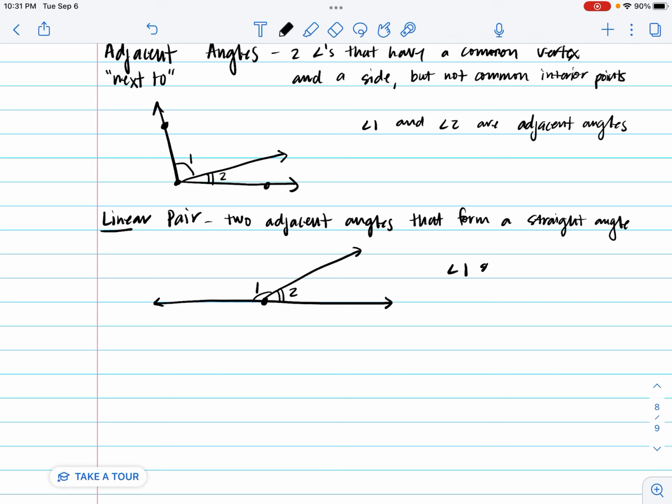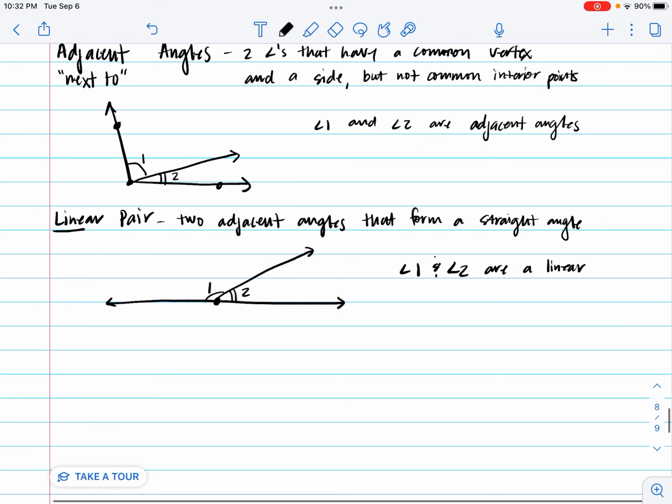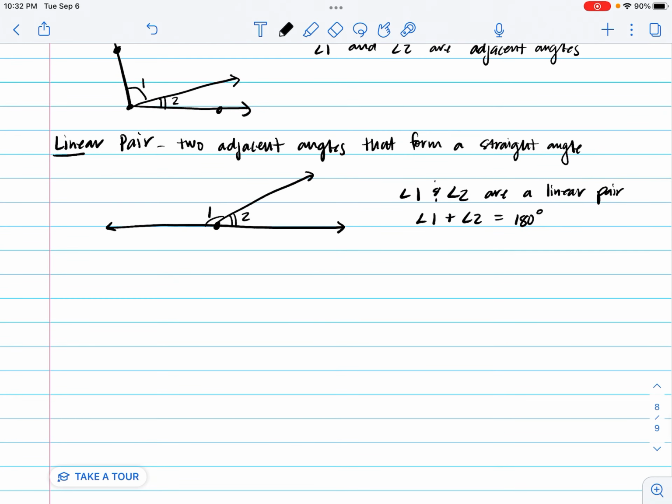Angle 1 and angle 2 are a linear pair. Also, if you think about it, angle 1 plus angle 2 should equal, since it's a line, 180 degrees. And that actually stems into our next definition.